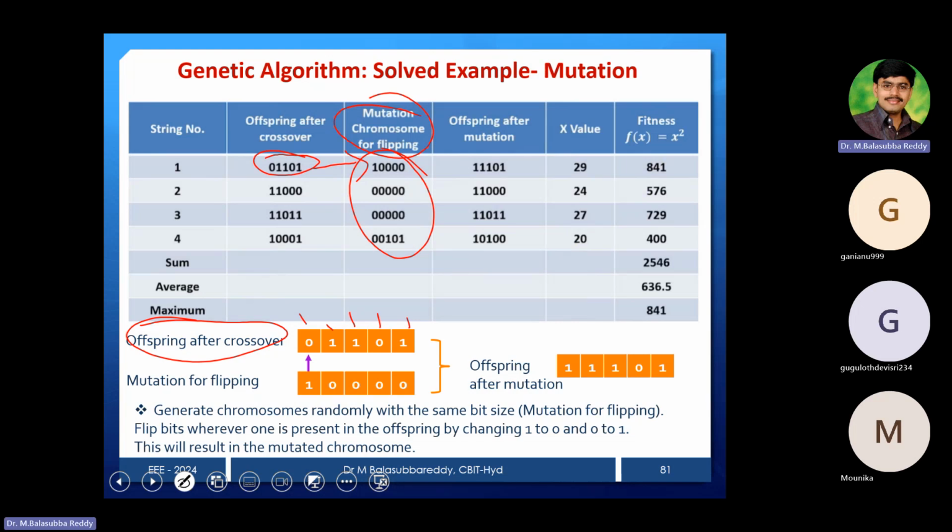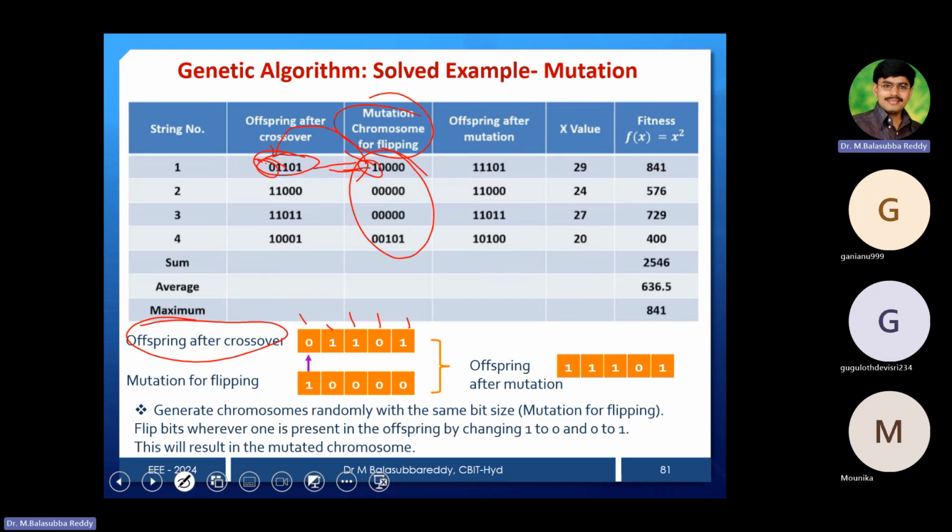Now, you can do the mutation by taking a random chromosome. In that case, 1, 0, 0, 0, 0. So, only the first bit will be 1. Now, if the corresponding existing bit is 0, make it 1, or if the existing bit is 1, you make it 0.